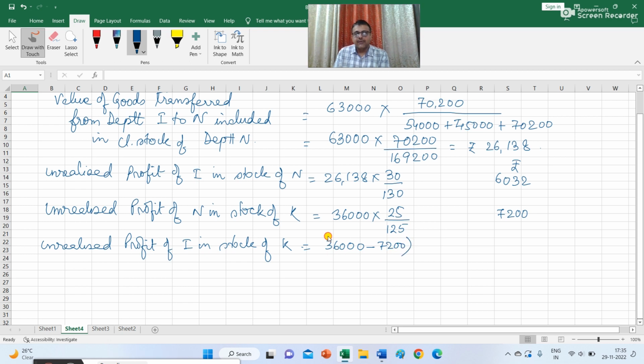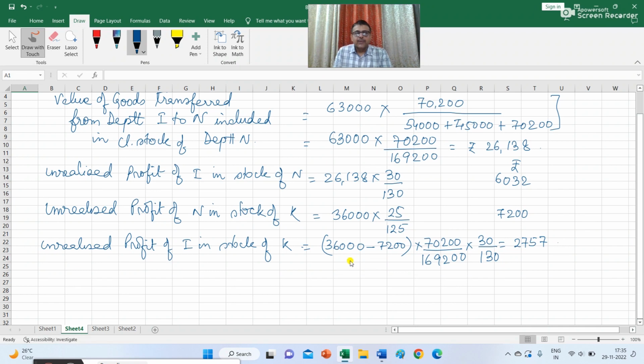So this is the unrealized profit made by Department N in the stock of K. Then we have to multiply it with 70,200 divided by 1,69,200, and multiply it with 30 divided by 130, and you will get 2,757.